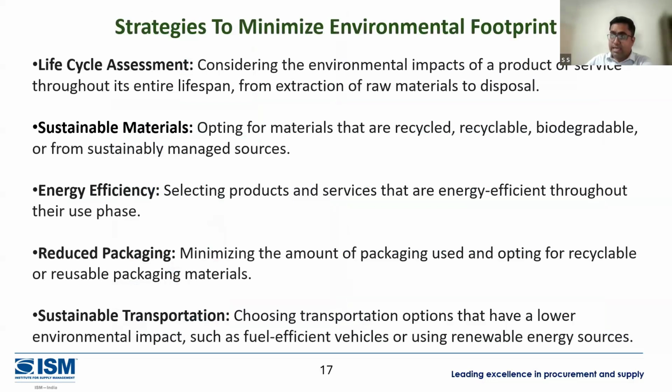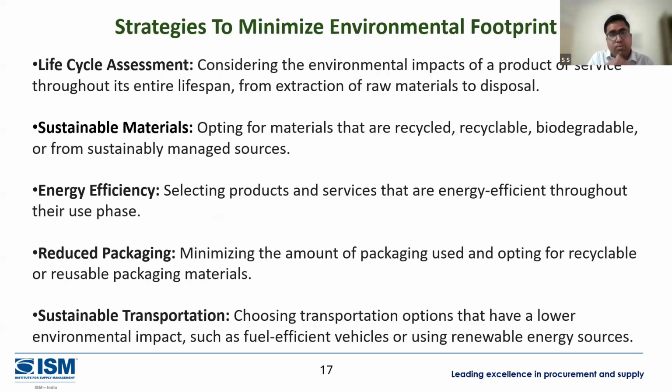What are the strategies? There are five important points that one needs to consider while talking about environmental consideration in procurement. First and foremost, life cycle assessment. We have to consider the environmental impact of a product or service through its entire lifespan, from A to Z, from the raw material to the disposal.